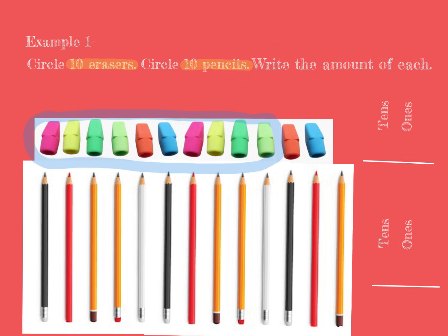So we are going to group these 10 together and write a 1 in the tens place. And we're going to leave the last 2 out and put a 2 in the ones place.